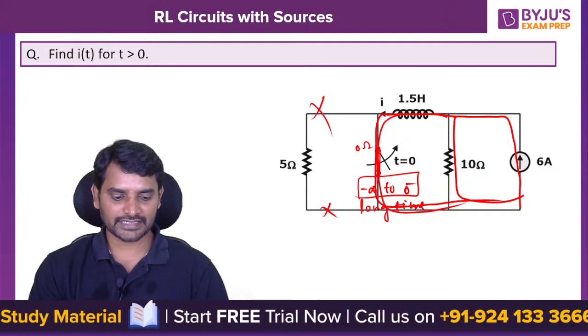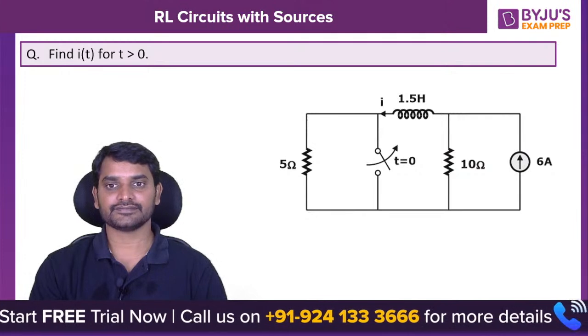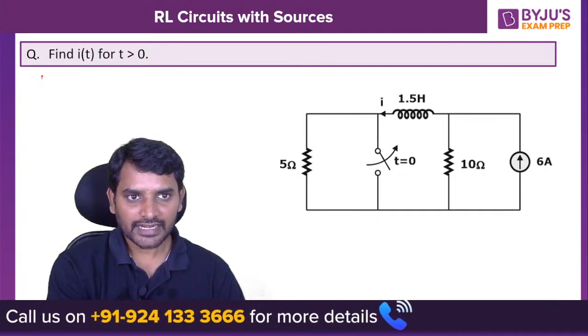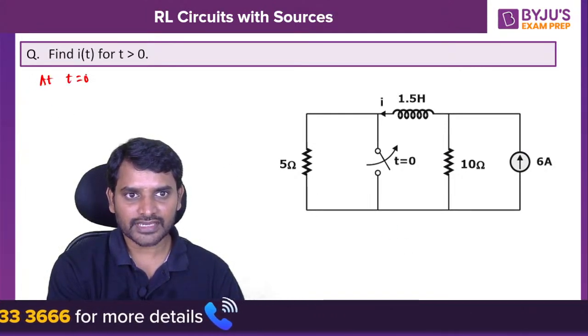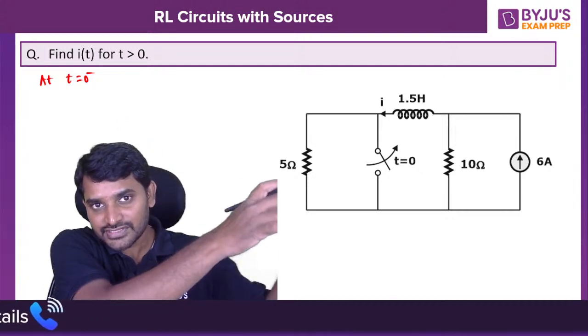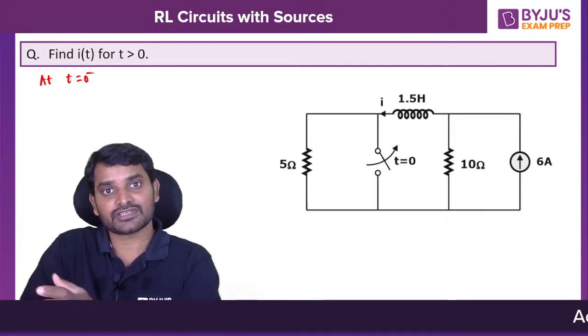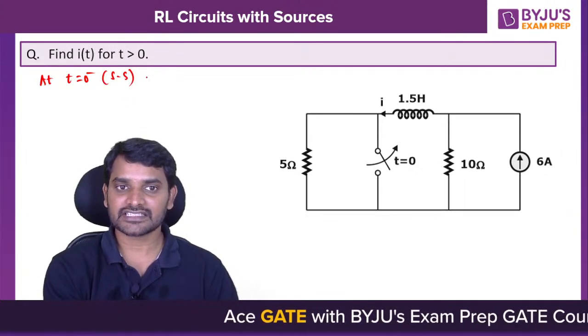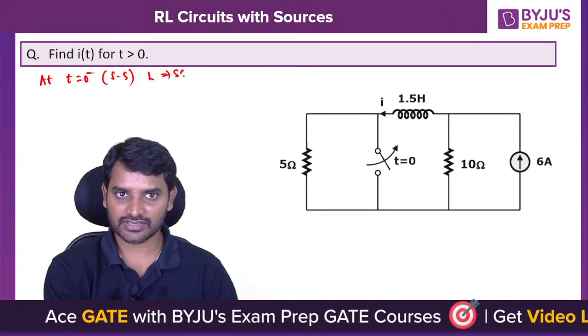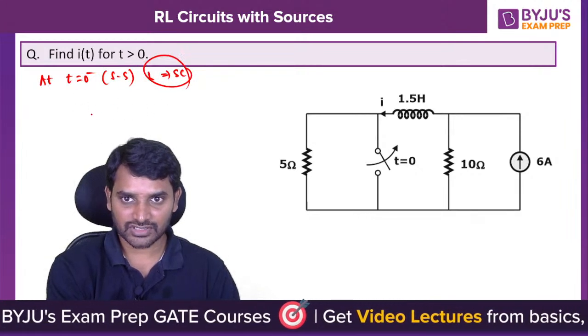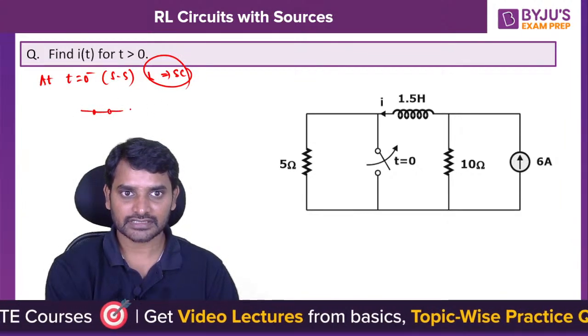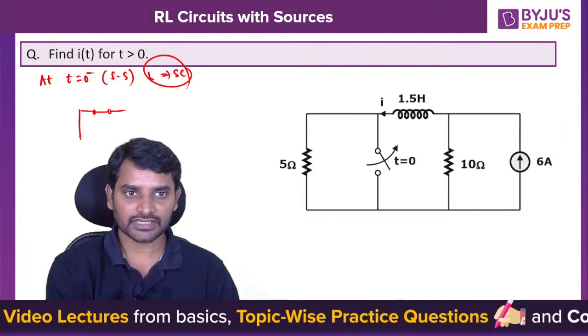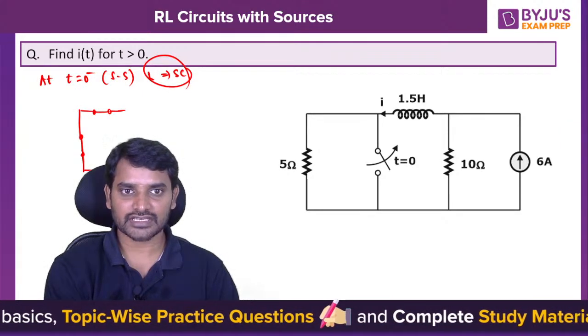So I can write here, at t equals 0 minus instant, that means the switch is closed from minus infinity to 0 minus. It's a long time, so I can say that it's steady state. In the steady state, the inductor behaves like a short circuit. Let me represent it here.